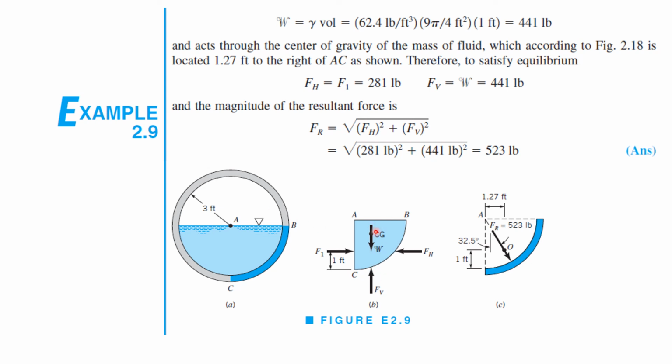So the vertical force is equal to just the weight of this water. Weight is equal to specific gravity times volume, and just put the volume and the specific gravity, you will find the vertical force, which is equal to 441 pounds, and you find the resultant force using this formula.